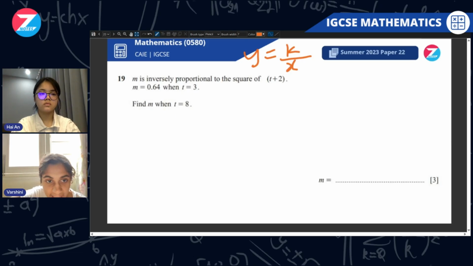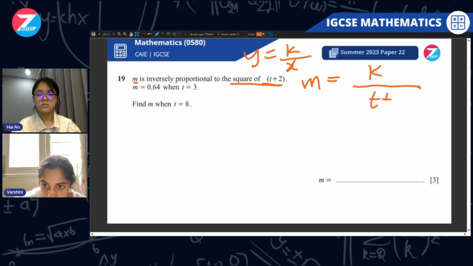And in this case, we have m as one variable, and it's inversely proportionate to the square of t plus 2. We rewrite that. We know m is going to equal k divided by the square of t plus 2. We're just going to write that as t plus 2 squared. So this is our equation over here.